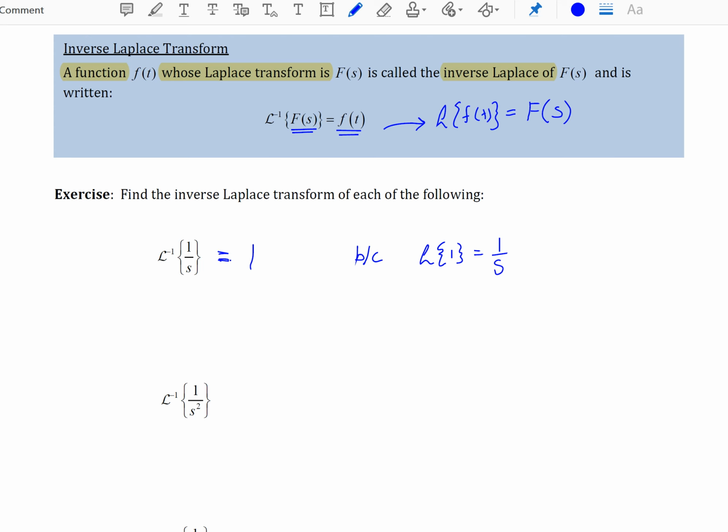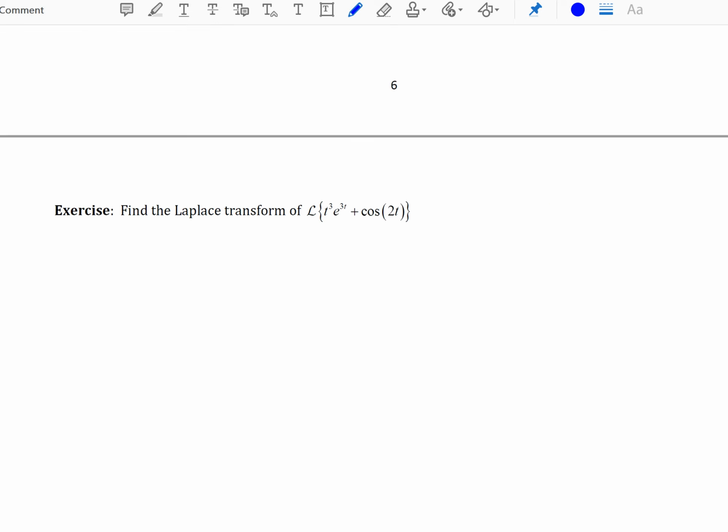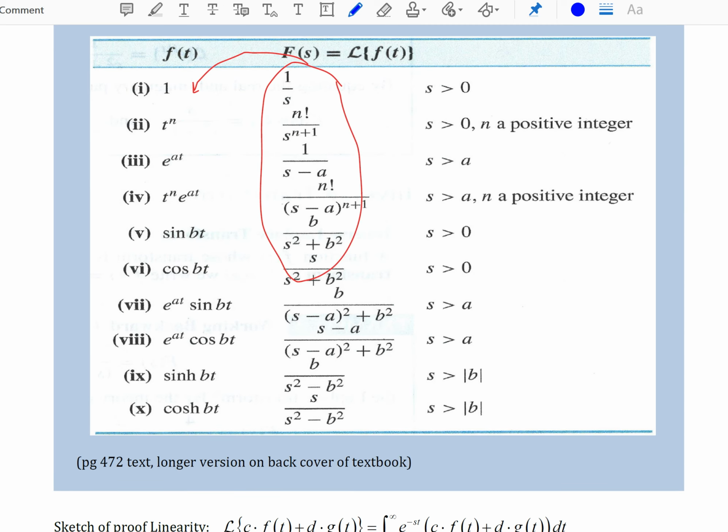Similarly, the inverse Laplace of 1 over s squared. Well, this is just t because the Laplace of t is, and if you get stuck, look back at your table of Laplace transforms, what is the Laplace of t? So recall, the Laplace of t, or any power function, is n factorial over s to the n plus 1, so whatever your exponent is.